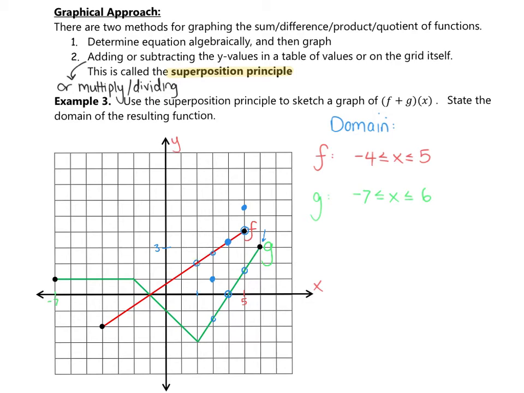Here I'm adding 2 plus -3 is -1. Okay, let's look at x equals 1 right there. Here I'm adding 1.5-ish plus -2. Brings me to about here.